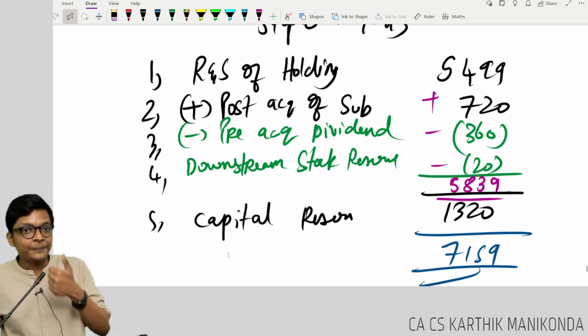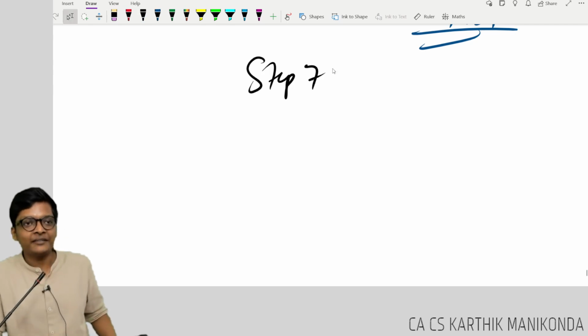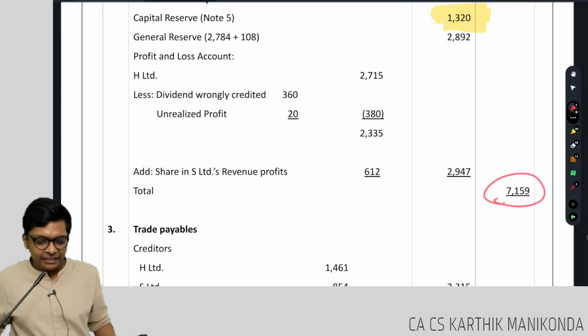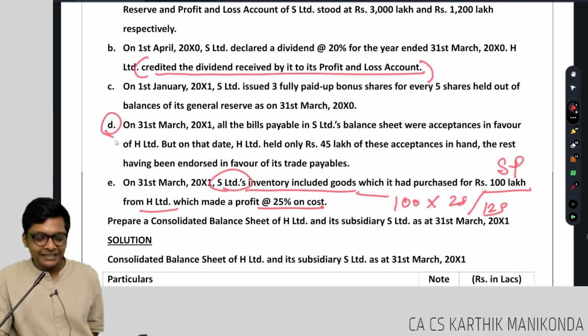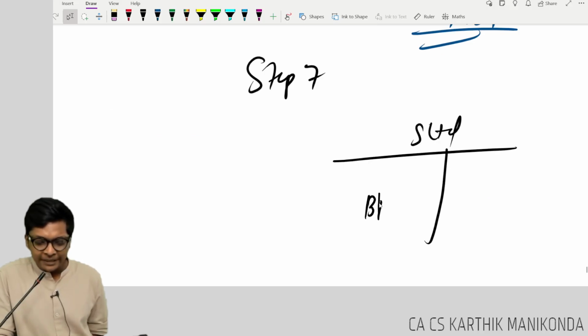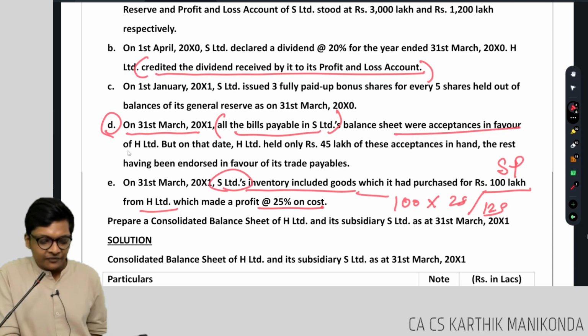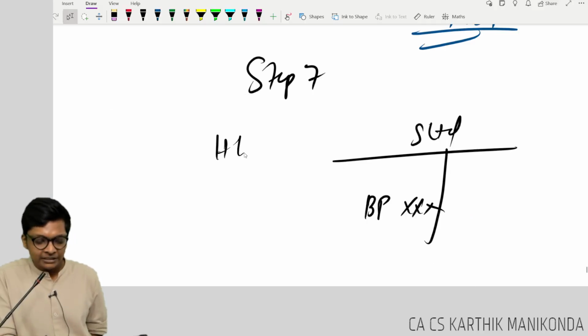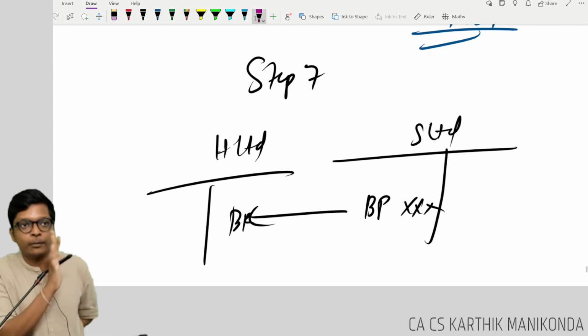Step 7. What is step 7? Intercompany. Nothing great here. Let's look at the adjustment. Adjustment number D. What is D saying? On 31st March, all the bills payable of S Limited were acceptances in favor of H. So H Limited's bills receivable, these both are not the same amount.